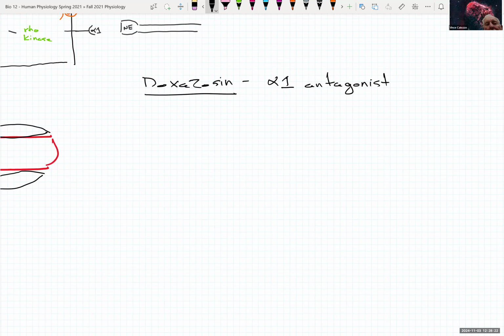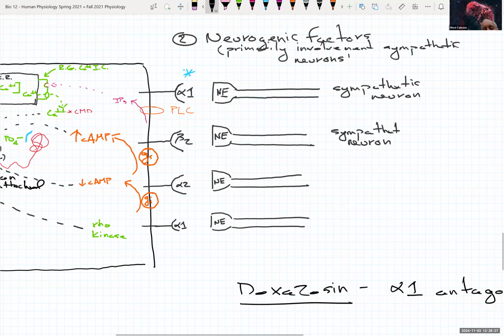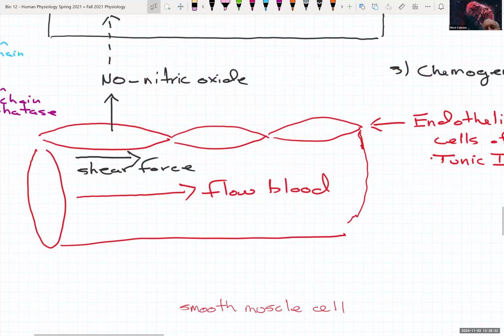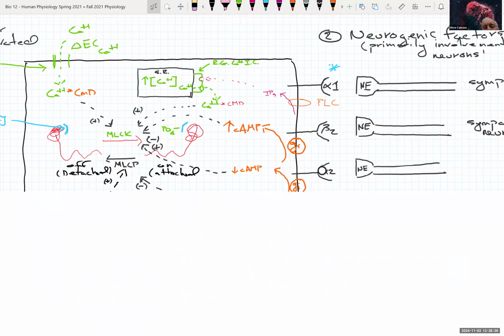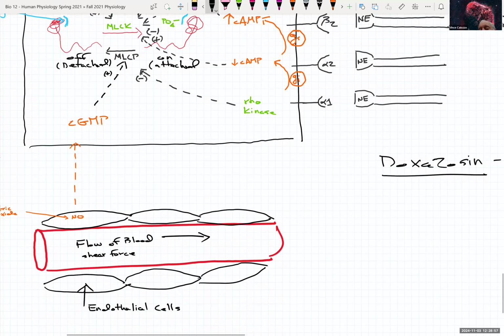So if we come back to our alpha-1 adrenergic system, it is going to turn on myosin light chain kinase. That's going to cause the smooth muscle cells to contract, and that will then cause the radius or the diameter of the blood vessel to decrease, which will cause an increase in resistance.